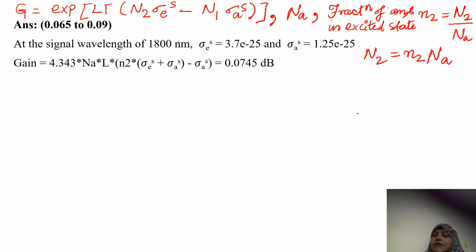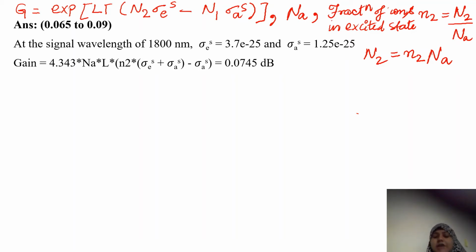Now, how many atoms are there in the ground state? We know that out of the total concentration, that is out of 100%, 85% is in the excited state. So how much percent will be in the ground state? Definitely it will be around 15%.